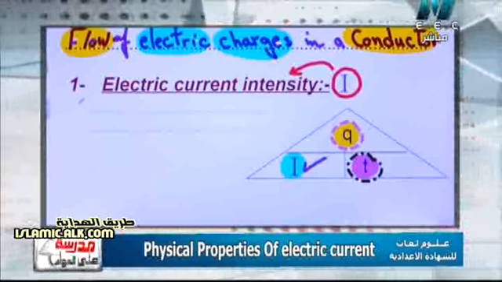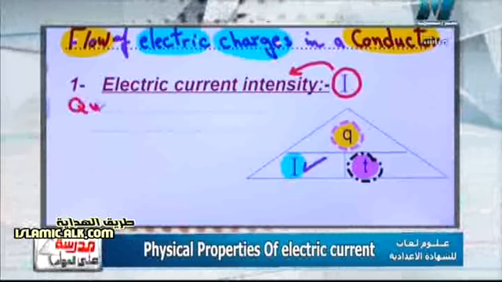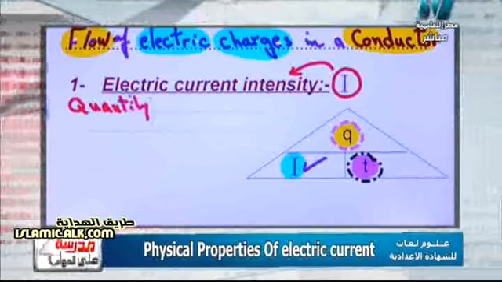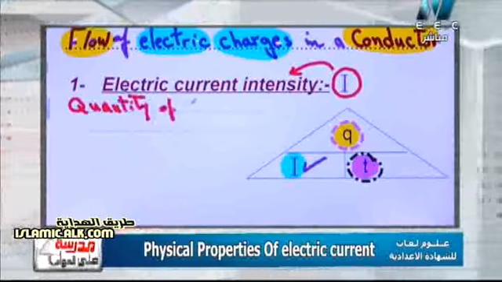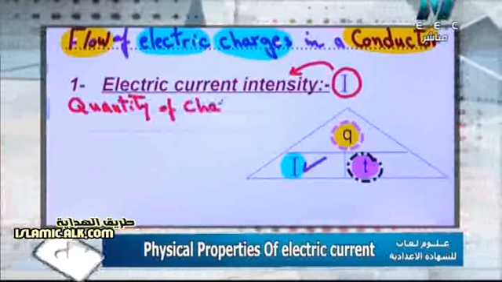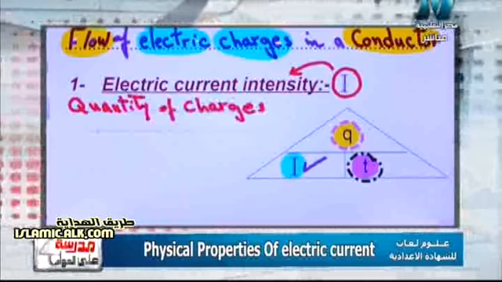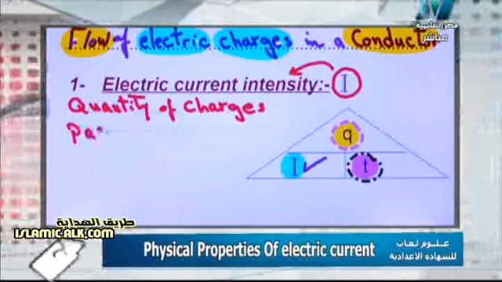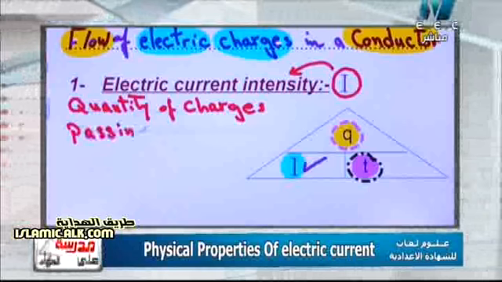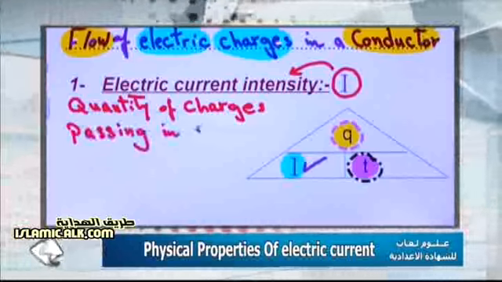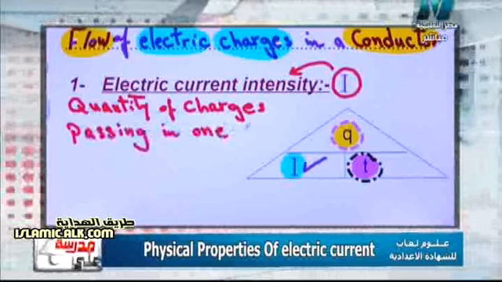So firstly, electric current intensity is the quantity of charge passing in 1 second.